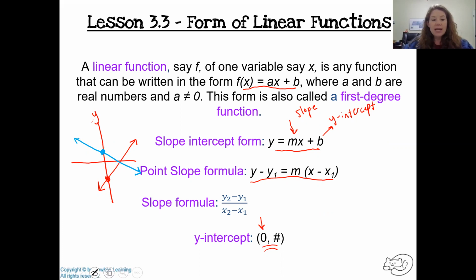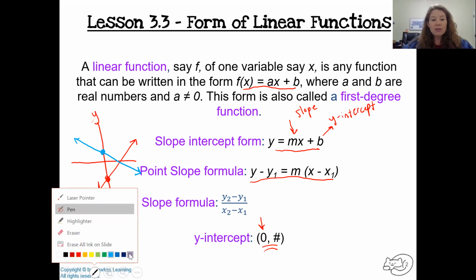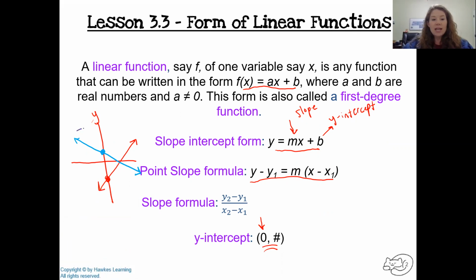And then our other two lines are vertical and horizontal lines. We either have a horizontal line, and in our equation, there's only a y, or we have a vertical line that's graphed, and in the equation, there's only an x. So we talked a little bit last week about HOY and VUX.